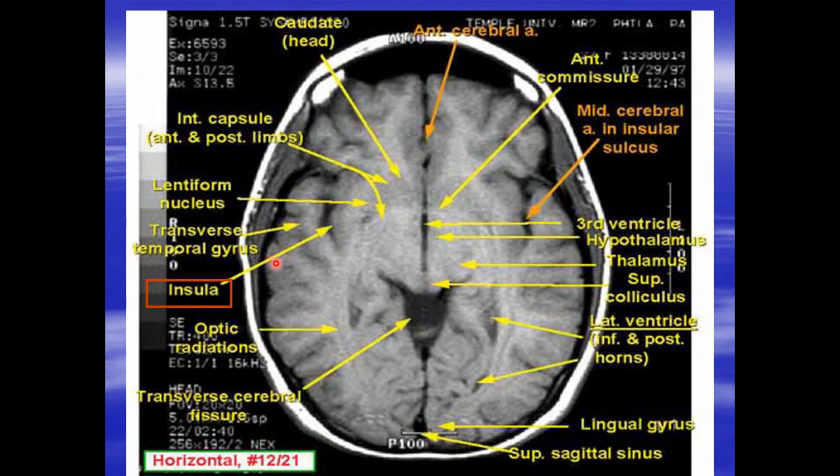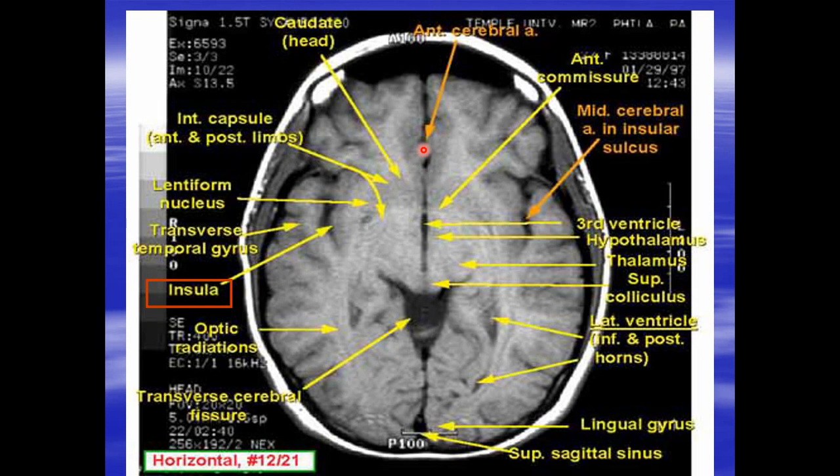Now, let's go a little bit more down, near the inferior part of the cerebral hemispheres. Here you can see the basal ganglia that we talked about before: the caudate nucleus, the lentiform nucleus, and the internal capsule. The caudate and the lentiform nucleus together form what's called the corpus striatum.